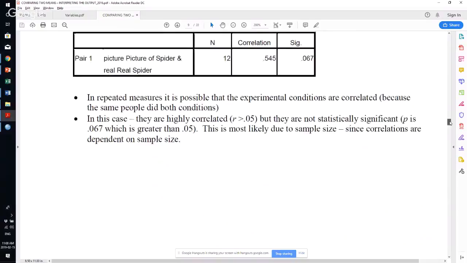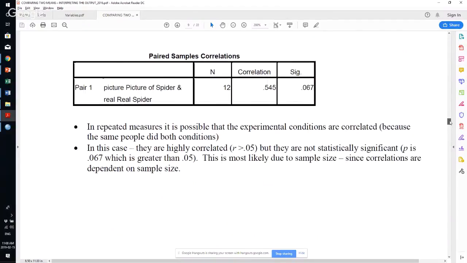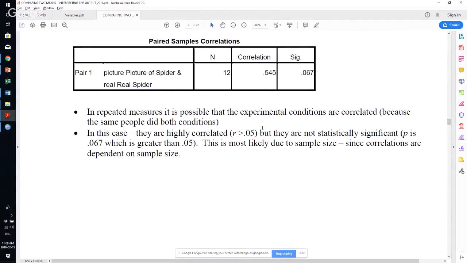Then you will also get a Pearson correlation. Obviously, in repeated measures, it's possible that the conditions are correlated because the same people do it. You would expect them to be correlated. In this case, it's highly correlated, but not statistically significant, and most likely due to sample size. I don't know if you're aware of this: the larger your sample, the more likely you're going to find a significant correlation.